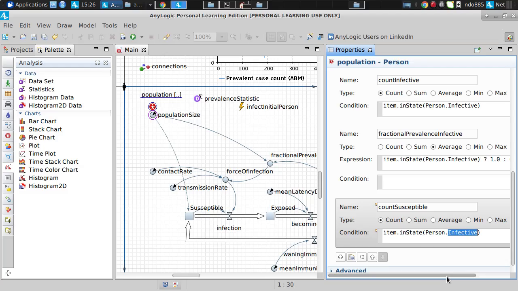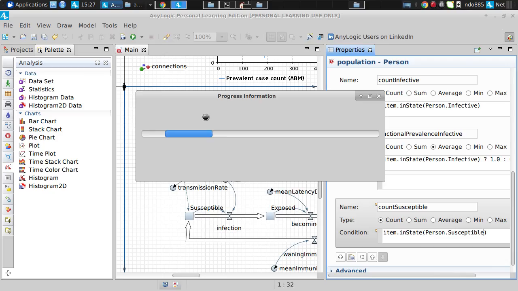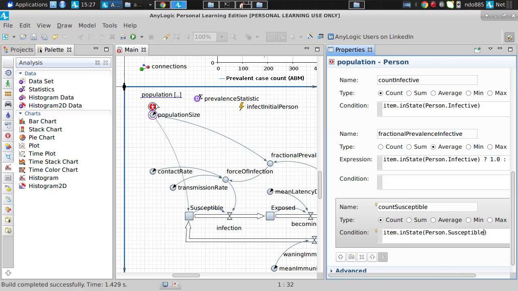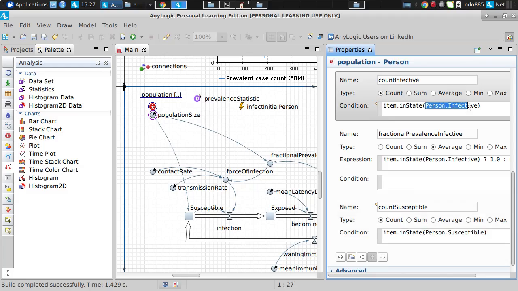So this is person.susceptible. AnyLogic has great flexibility in many things, but its statistics need a little bit of overhauling. Okay, item.inState(person.susceptible). This is going to be the count of susceptibles. That goes in the population here, just like count infective, only the difference is this instead of person.infective.